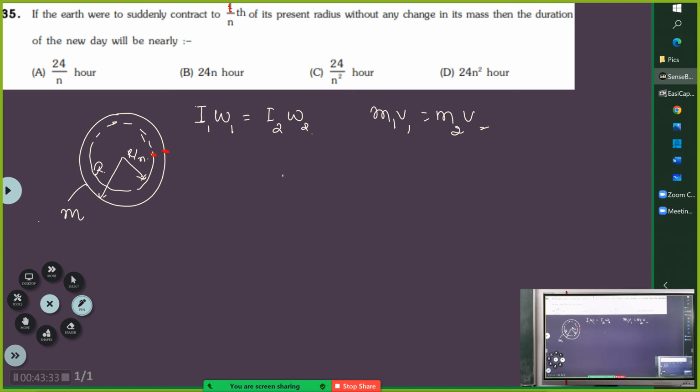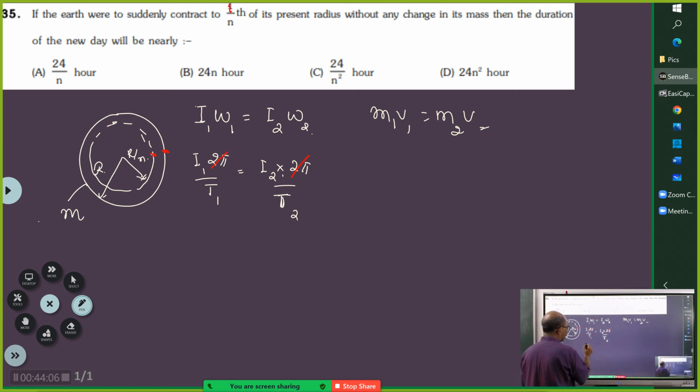Now they have also told about the timing. So just modify this equation and write it as I1 into 2 pi by T1 is equal to I2 into 2 pi by T2. So obviously the 2 pi will go. And what will be I1 here? It is a sphere.